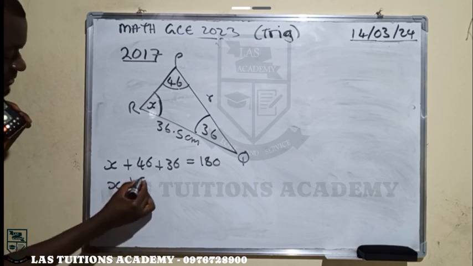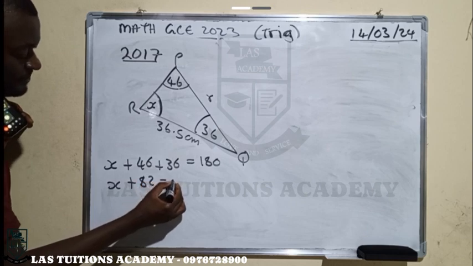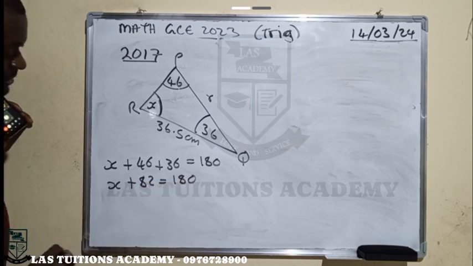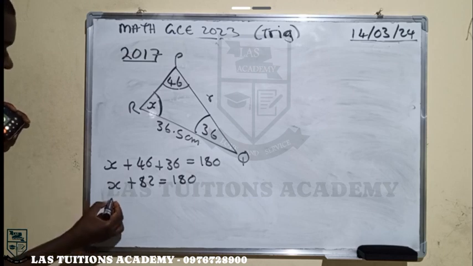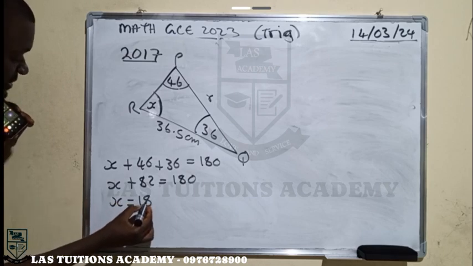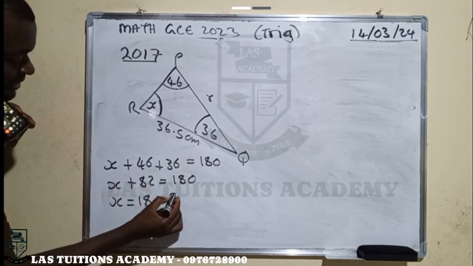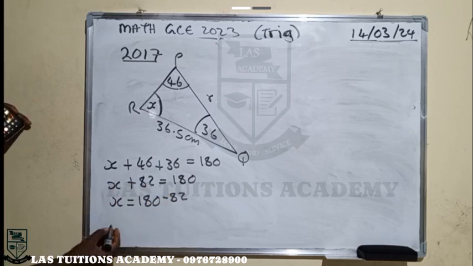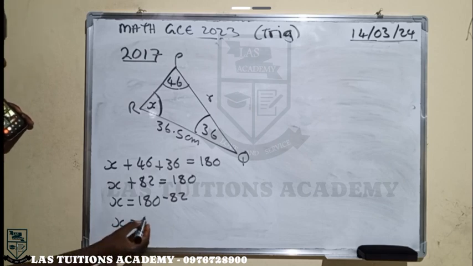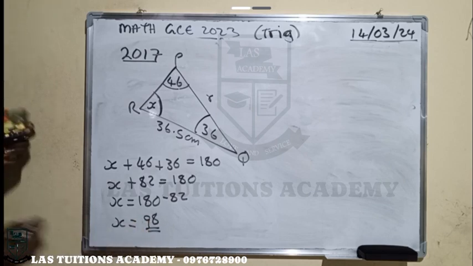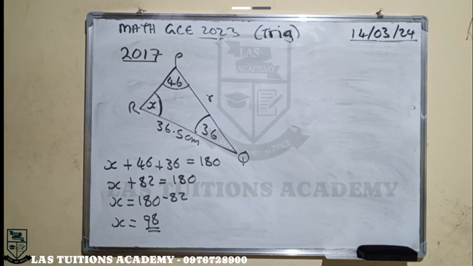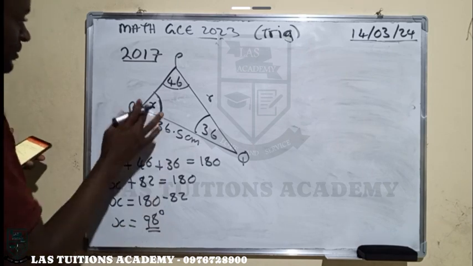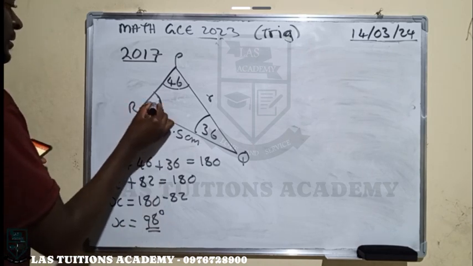We get 82, if I'm not mistaken. Kindly confirm that. Then X is going to be 180 minus 82, so X is going to be 98. So X is equal to 98 degrees. Those with calculators, is that correct, right? So we have 98 there.